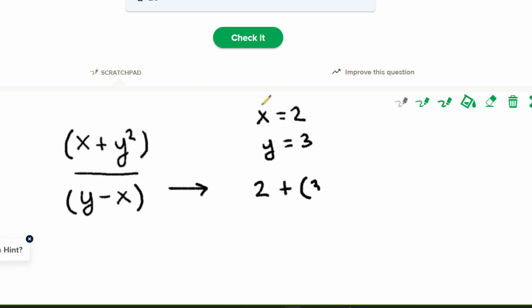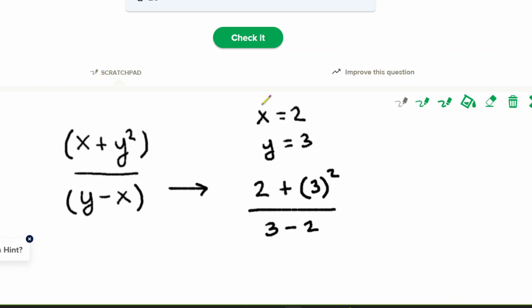So I'll put parentheses around it. If it's being multiplied by something or raised to some power, I like putting parentheses around it when I replace in those cases. So 3 squared, this is divided by, or over, simply y, which is 3, minus x, which is 2.